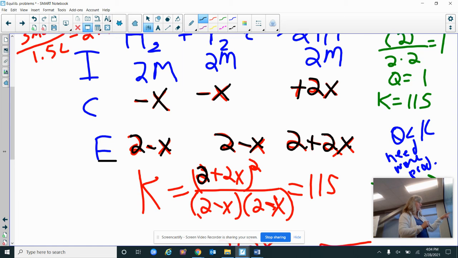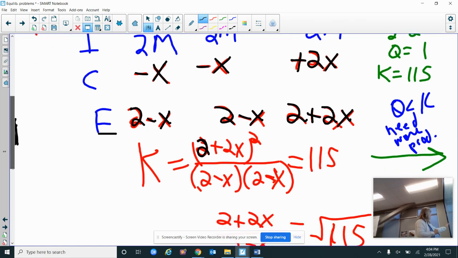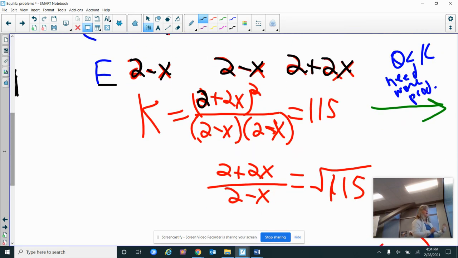But if we look carefully, we can see that the top is squared, and the bottom, if we multiply those two together, would be squared. So we actually have a perfect square on this side. This squared over that squared equals that, so we can take the square root of both sides in this problem, and it'll just be 2 plus 2X over 2 minus X equals the square root of 115.